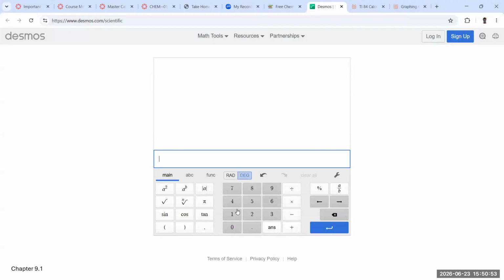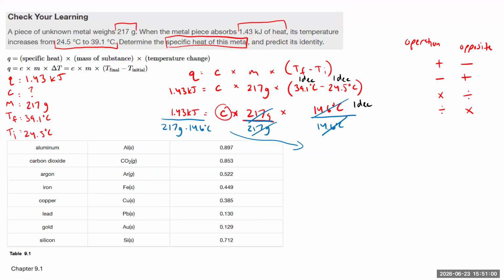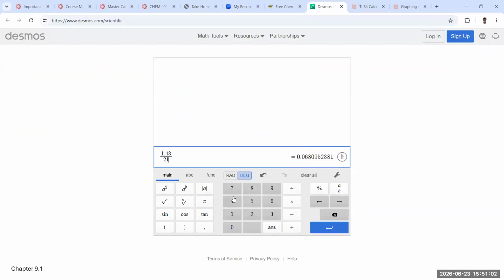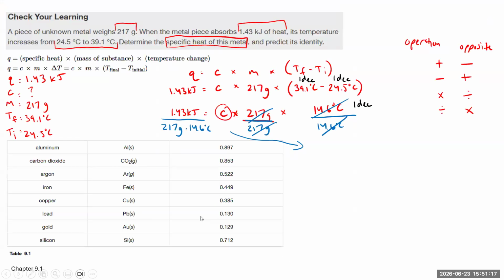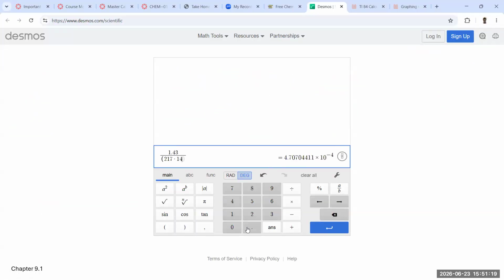Let's clear this. 1.43 divided by 217. Let me clear this and I'll show you what you need to do. You want to put this in parentheses: 217 times 14.6, closed parentheses.